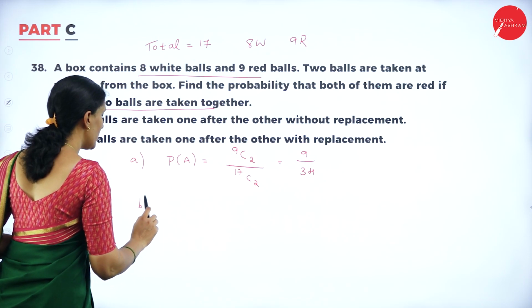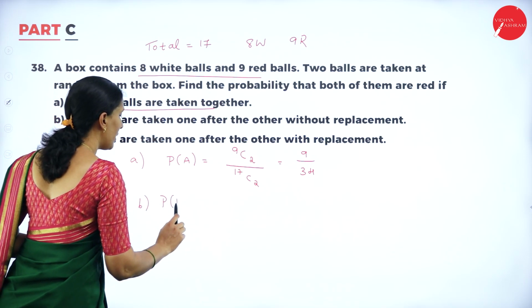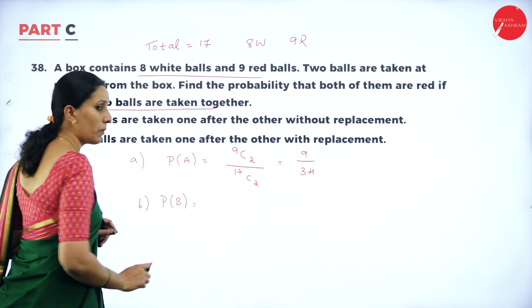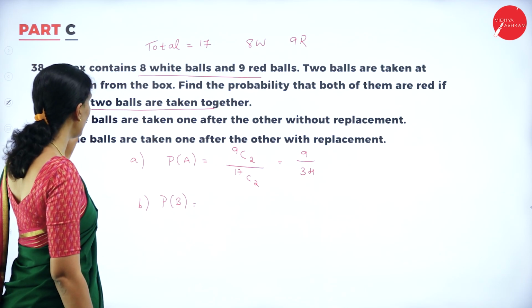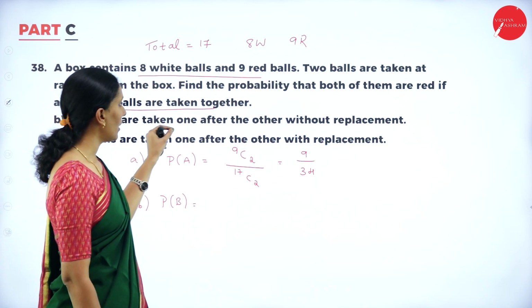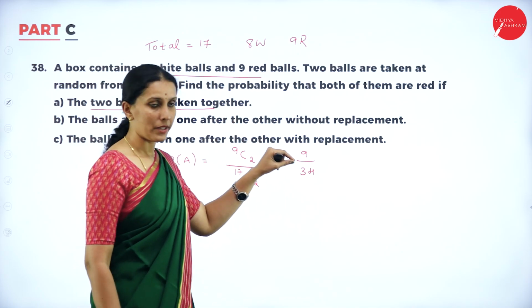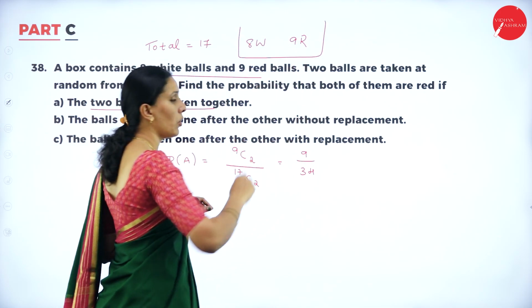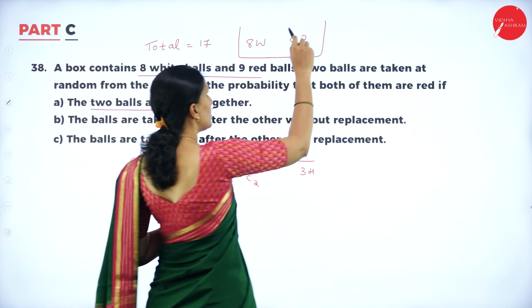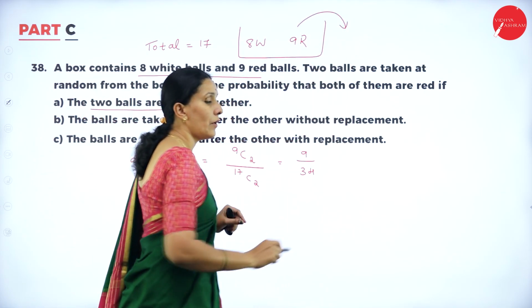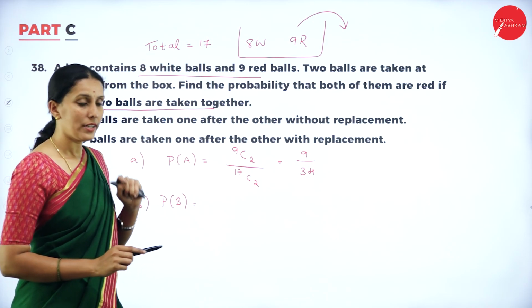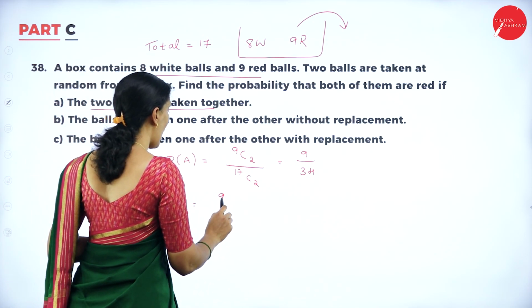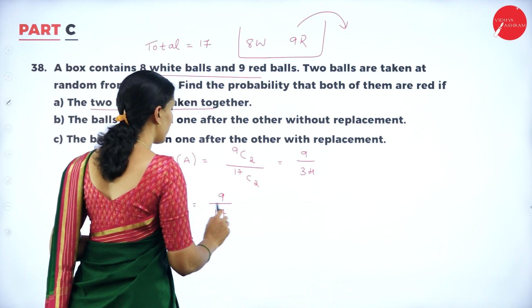My second question: let me consider the event as B. What is the probability of event B? What does the event say? The balls are taken one after the other without replacement. So if I have 8 white balls and 9 red balls, first one ball is taken. What is the probability that the ball is red? That will be 9 by 17.